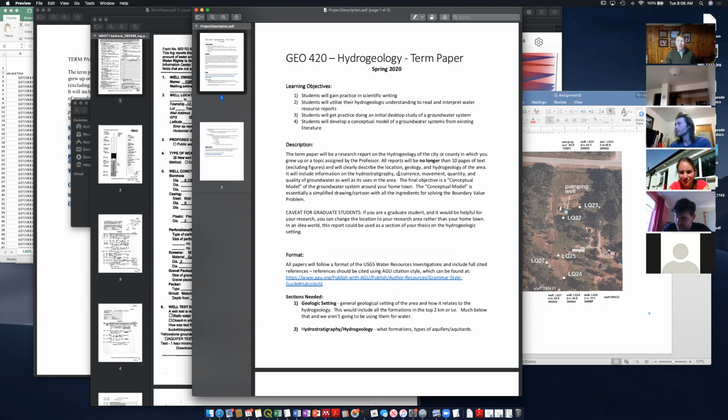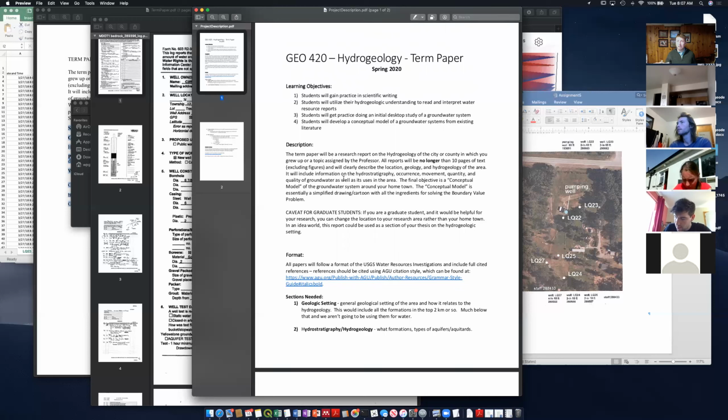Your final objective here is to develop a conceptual model, and we're going to talk a lot about what that means. But a conceptual model is essentially, you could simplify it to thinking about like a cartoon drawing of the groundwater system that contains all the ingredients for the boundary value problem. So where are my boundaries?